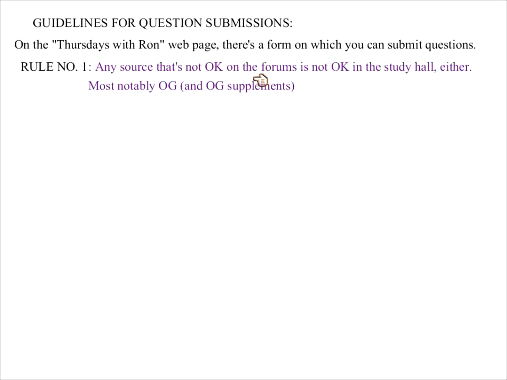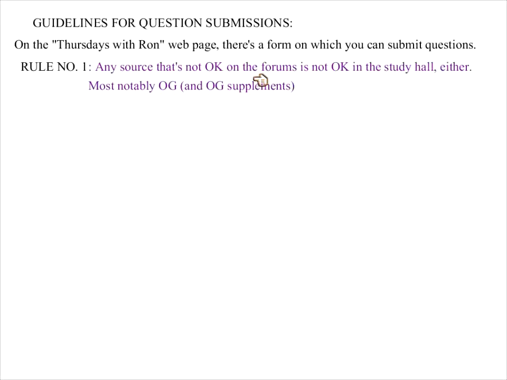Students in our paid classes can use the OG as much as they want, precisely because we require all of our students to purchase it. But in the context of the forums, study hall and any other free events, it is not a fair use of their copyrighted material under fair use doctrines. So if you submit OG problems, that's not a valid submission.